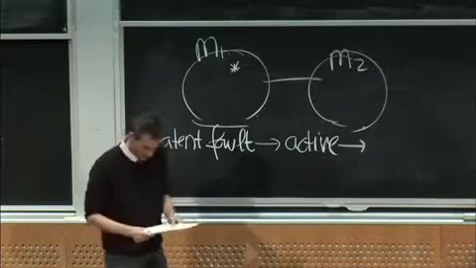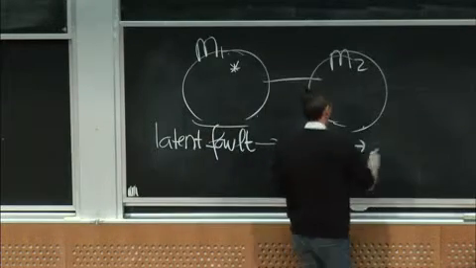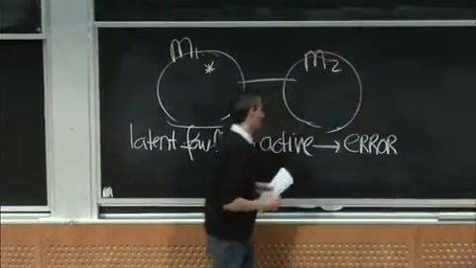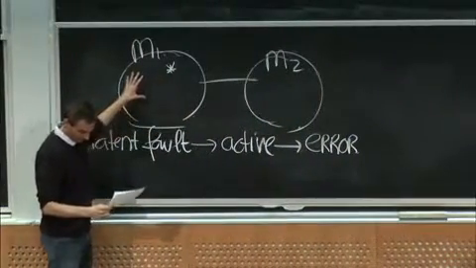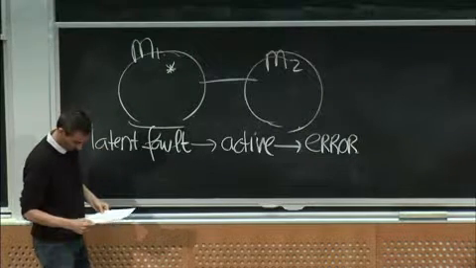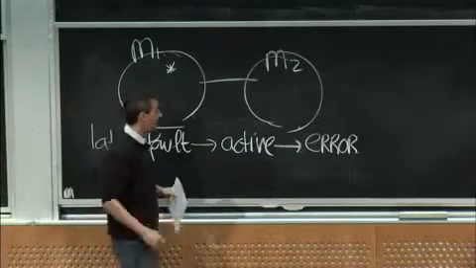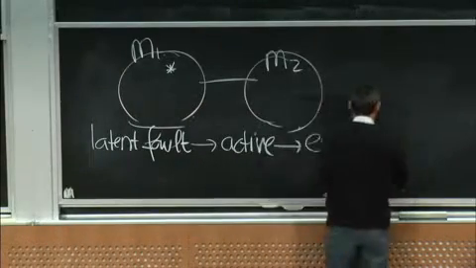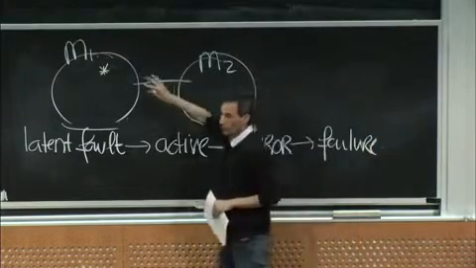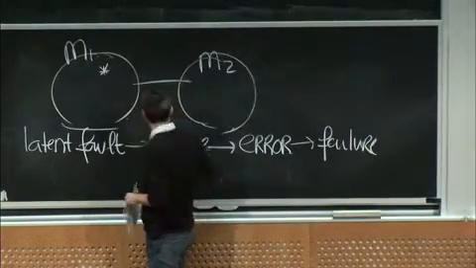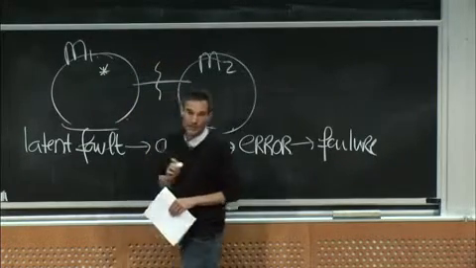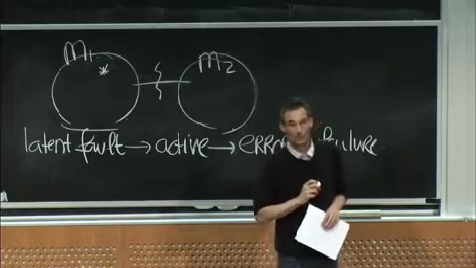Now, an active fault can result in an error, for example, division by 0. But that's still internal to the module. What we're going to call a failure is when this internal error is visible across the interface between M1 and M2.